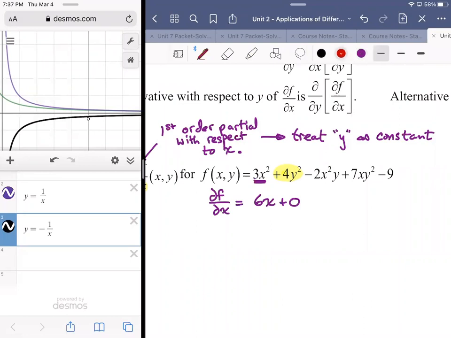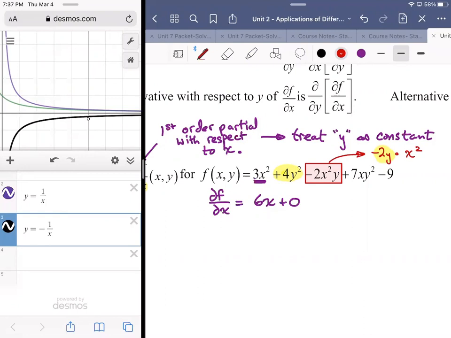So this one here, for example, we're going to look at that as if it's negative 2y multiplied by x squared, all right? With the negative 2y being a constant multiple of the x squared, all right? And when you take a derivative, you always hang on to the constant multiple and take the derivative around it.